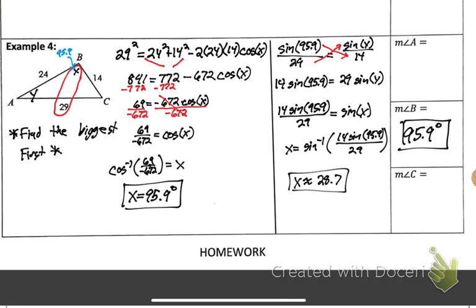All right, so we have 28.7 for angle A. Oh, I don't have to use the law of sines to get the last one? Oh, because triangle angles all equal 180. So we just do 180 minus 28.7 minus 95.9. What is my angle C? 55.4. I hope someone else got that too.